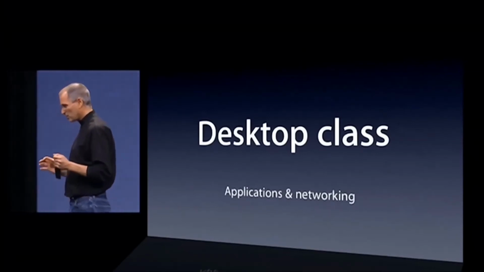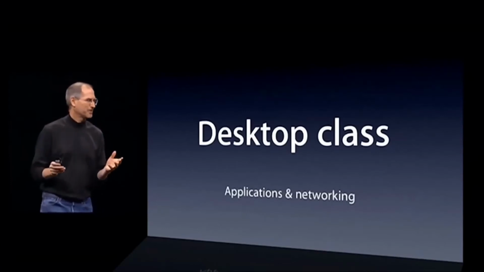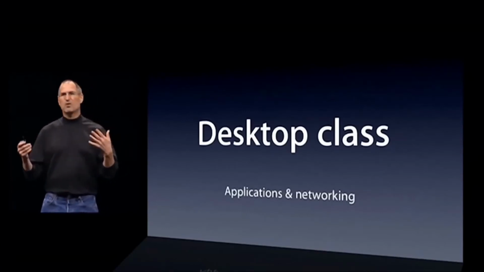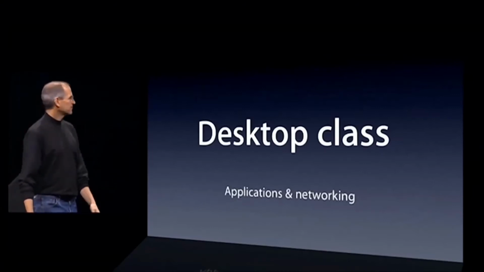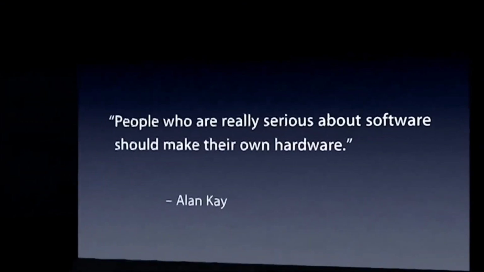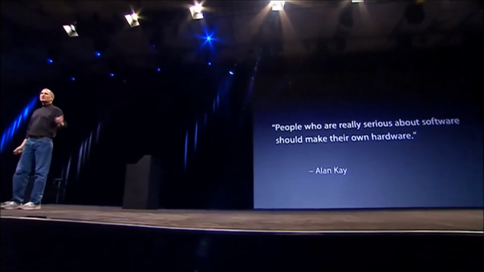And I ran across one of them recently that explains how we look at this, explains why we go about doing things the way we do, because we love software. And here's the quote: "People who are really serious about software should make their own hardware." You know, Alan said this 30 years ago, and this is how we feel about it.